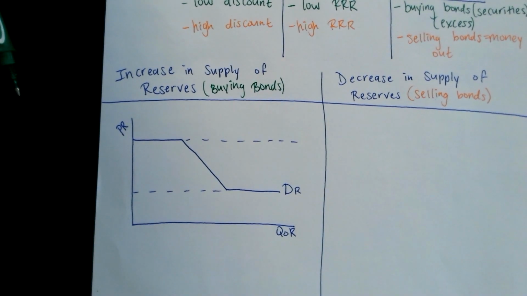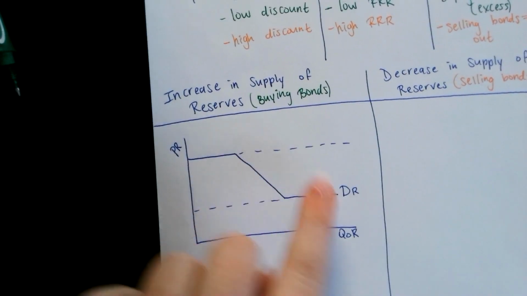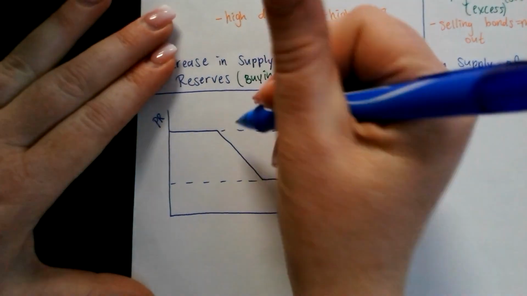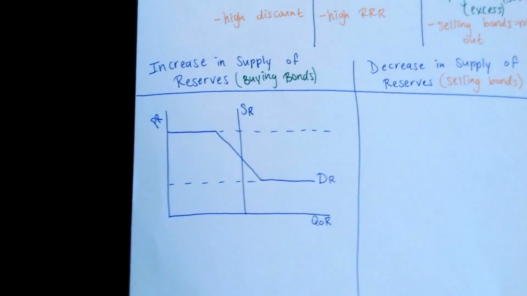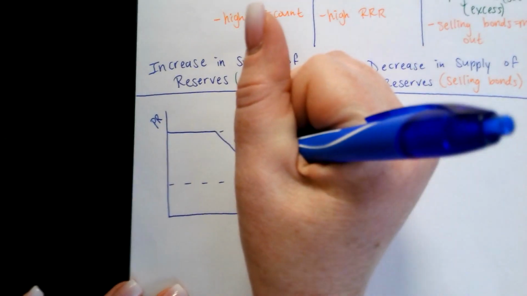One of the last things we put onto paper was your supply curve, indicating what kind of graph we're working with, and everything we're doing right now is limited. So where are we? 1, 2, or 3? Whenever it's a limited reserve system, your vertical line will intersect on the second section, which is ultimately the slope.